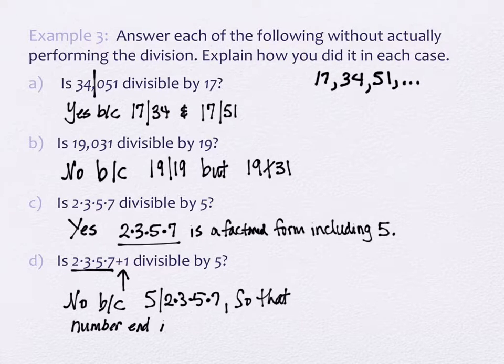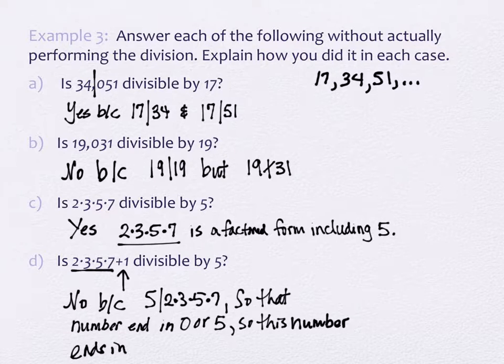I know it ends in 0, but I'm going to say 0 or 5 because it really doesn't matter. It ends in 0 or 5, so this number ends in 1 or 6. That's not going to work.